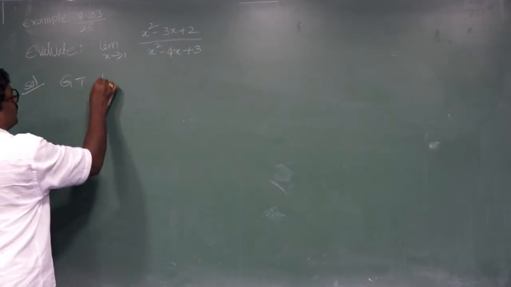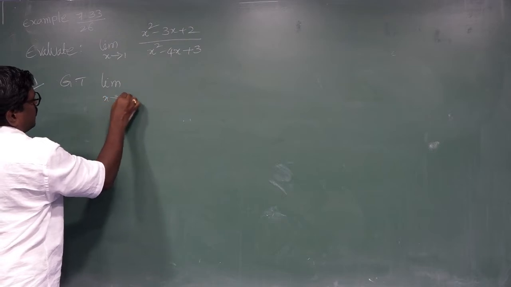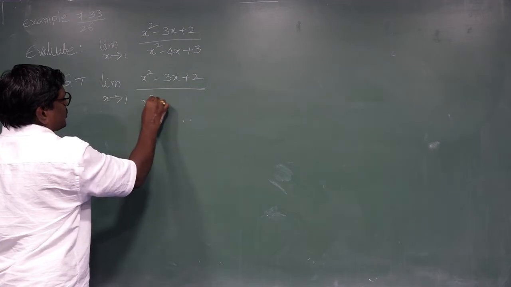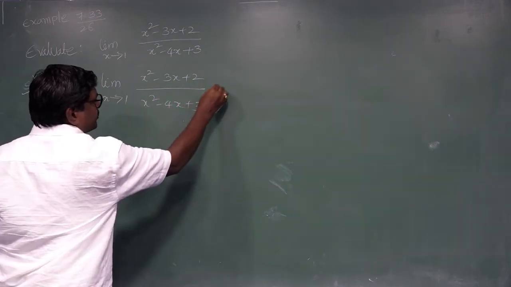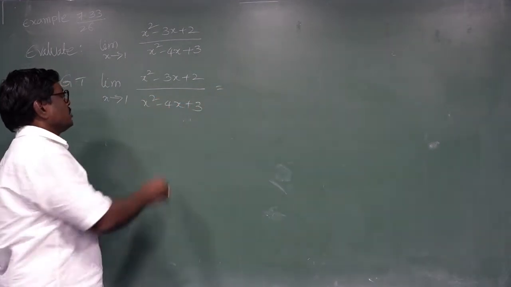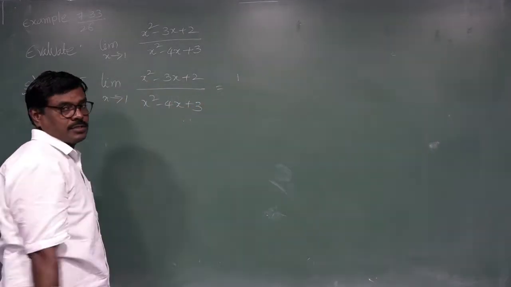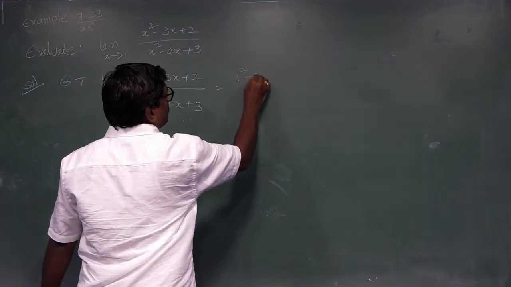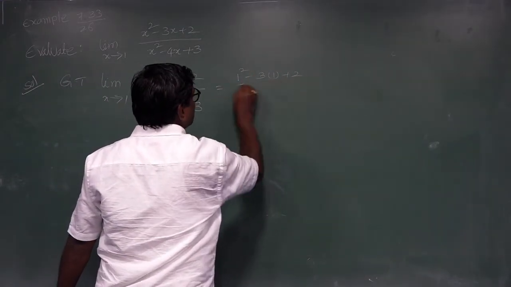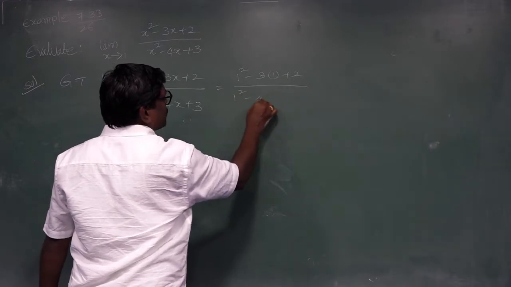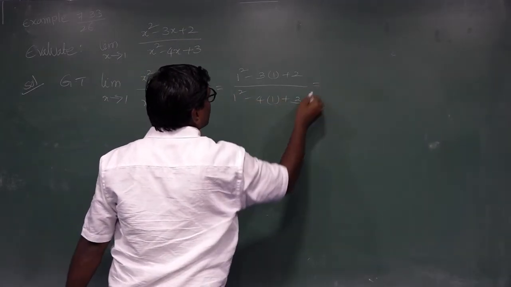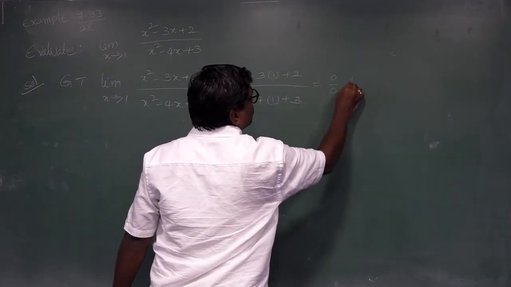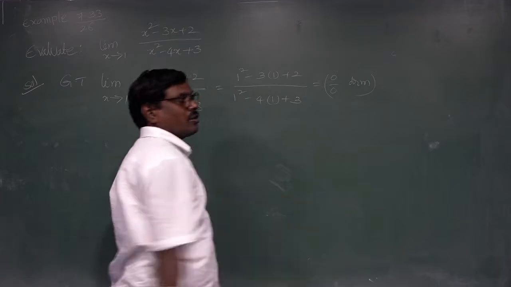Given the limit as x tends to 1 of (x square minus 3x plus 2) by (x square minus 4x plus 3). Substitution first: 1 whole square minus 3 into 1 plus 2 by 1 whole square minus 4 into 1 plus 3 equals 1 minus 3 plus 2, which is 0 by 0 form.